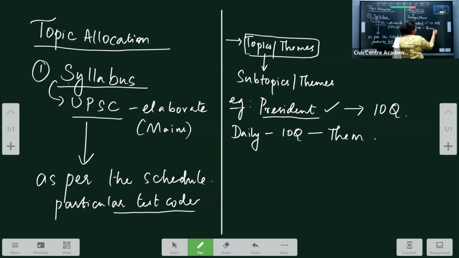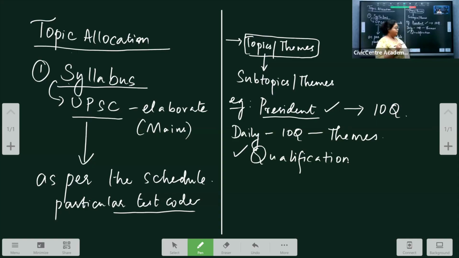Now this, president, becomes the theme. Now what are the sub themes or subtopics? First, what are the qualifications that are required for a citizen to be president? So that becomes your sub theme. Then another sub theme can be what is the process of election for a president.